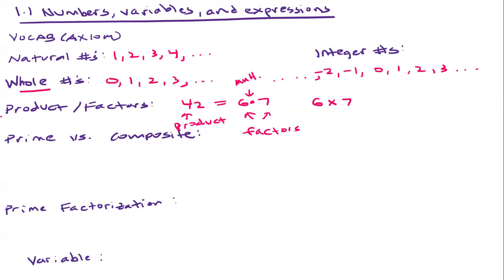So it has to be bigger than one. Some of them, as you have listed here, for prime will be 2, 3, 5, 7. So it's one and itself. So one times two, one times three, one times five, one times seven, and etc. There are a lot of prime numbers.